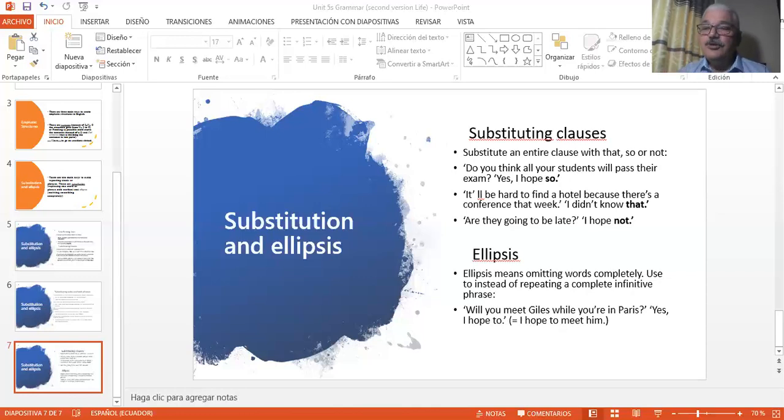Then we will do the others. You will do them in your notebooks, and we are going to check them rapidly in our coming meeting, okay? But you have to take care of these sentences and the way you are going to substitute or make ellipses for them. Well, not in this case, because it is the emphatic structure.